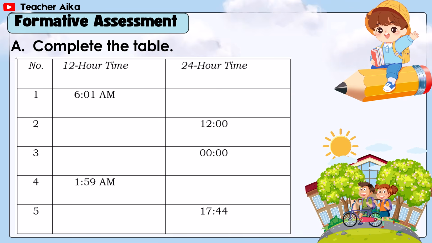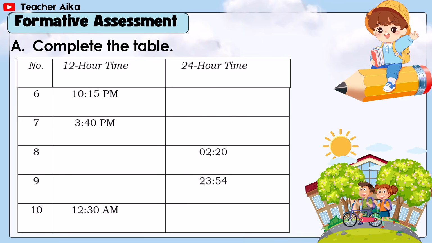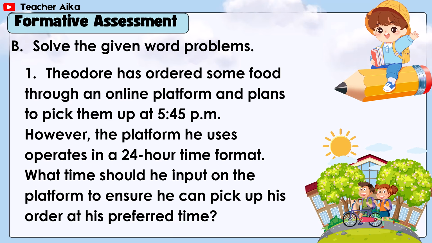Formative assessment. A. Complete the table. Here's numbers 1 to 5. Numbers 6 to 10. Letter B. Solve the given word problems. Number 1.